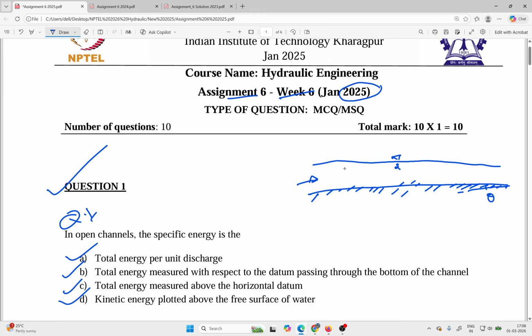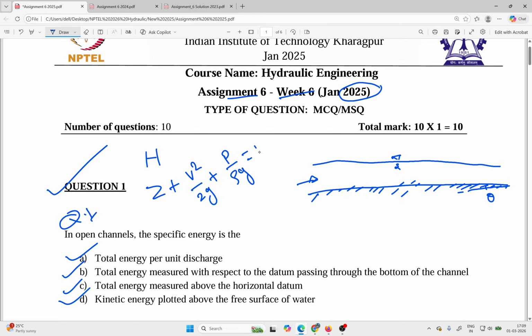Now what is your total energy? Total energy, as you know from your Bernoulli principle, is the datum head, if I represent it with z, plus velocity head v square by 2g, plus pressure head p by rho g.